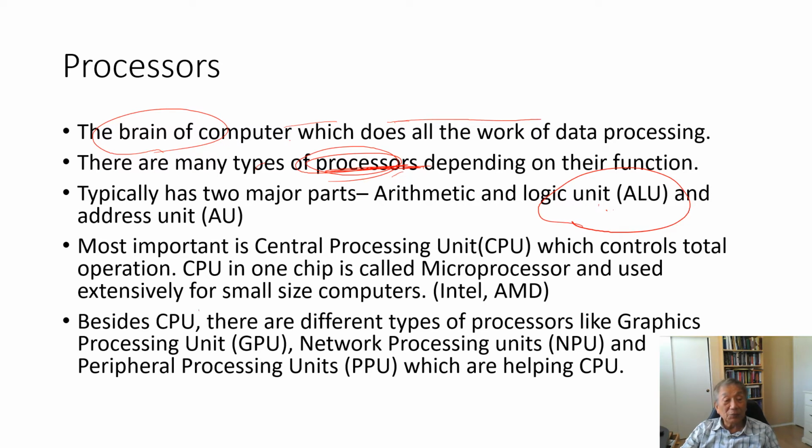Most important is the central processing unit. That's the headquarters. In the whole system, there's one headquarters of the processing that controls the overall operation, and does all the calculations and all the necessary actions. But once in a while, the CPU needs help.